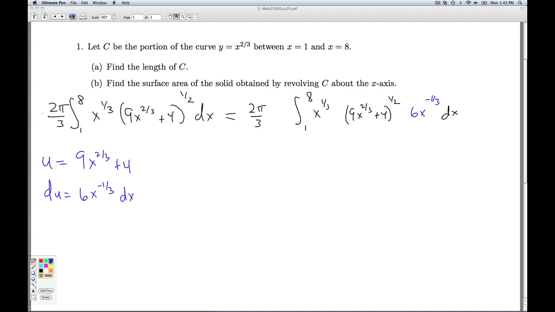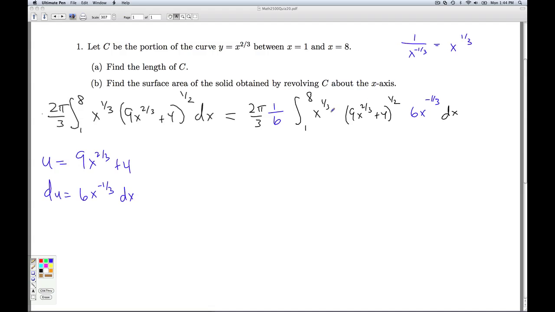Okay, so the 6, I know that I can multiply the inside by 6 and then just multiply the outside by a sixth. But what's happening with this x to the minus 1/3? It's a variable. I can't divide by x to the negative third outside, so I have to divide by x to the negative 1/3 inside the integral. And if I take 1 over x to the minus 1/3, that's really x to the 1/3.